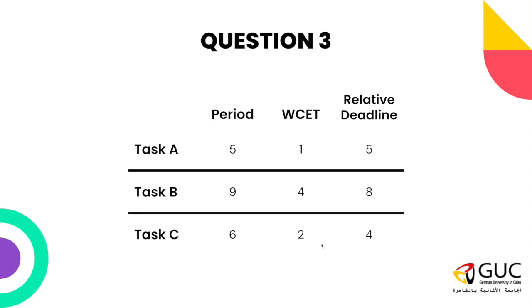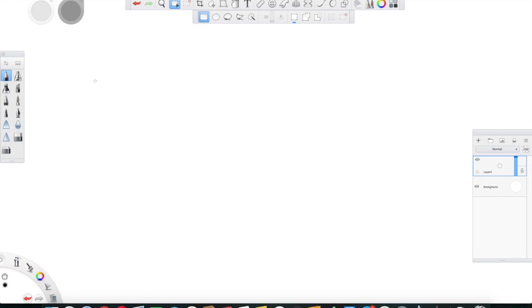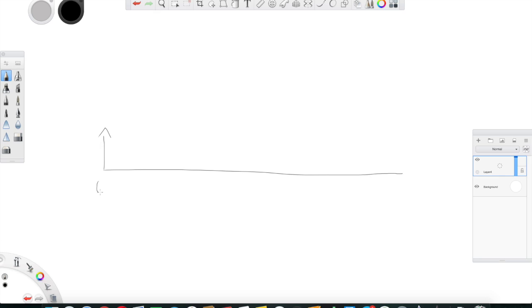So actually, if I go to my sketchbook and I draw this, just assume this is a task. Okay, this is task C. It arrived at clock tick 0 and it will arrive again at clock tick 6 and it will arrive again at clock tick 12. However, from 0 to 4, it must finish executing because 4 is the deadline.